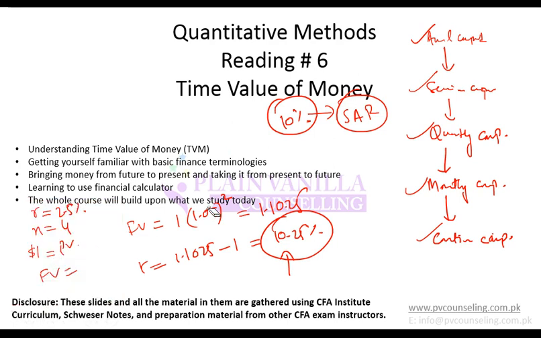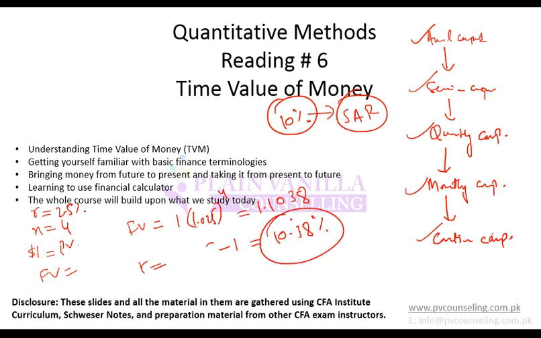When I do this calculation, 1.025 to the power 4, it should give me the future value for this rate, which is 1.1038, and when I subtract 1 from it, it should be 10.38%.